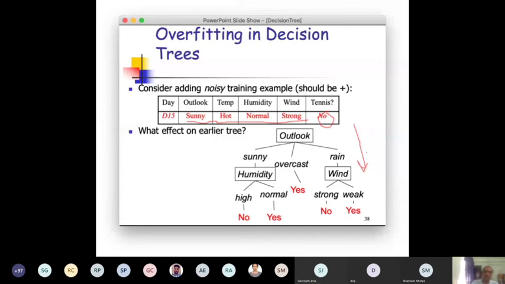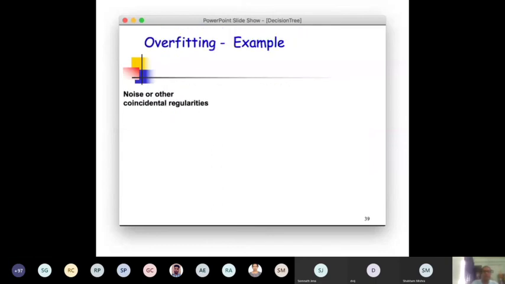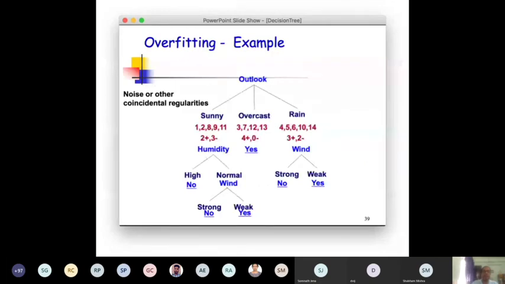Just because of this example, this could be modified in various ways. But one such consistent formation could be this one, right? If you use those data once again, suppose you include it, maybe this is one kind of formation. You see that it has increased the depth of the tree, and it has also considered this case.